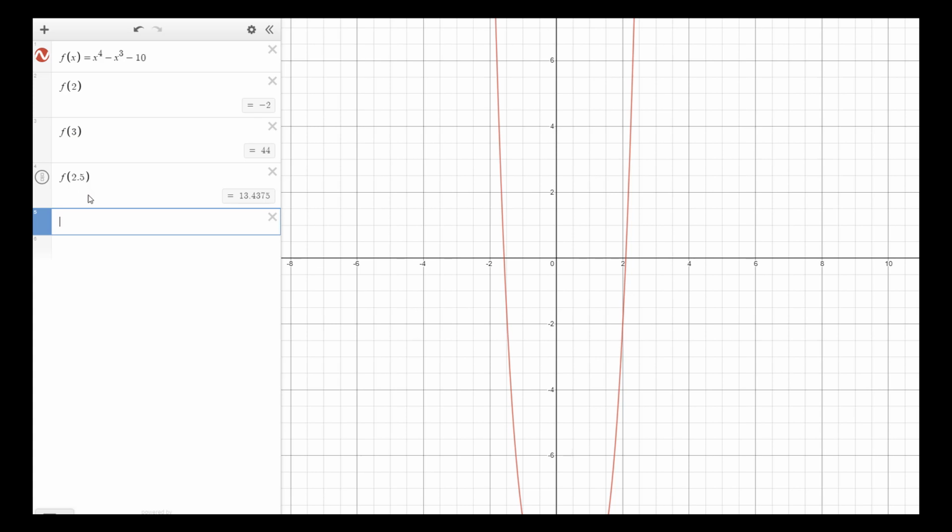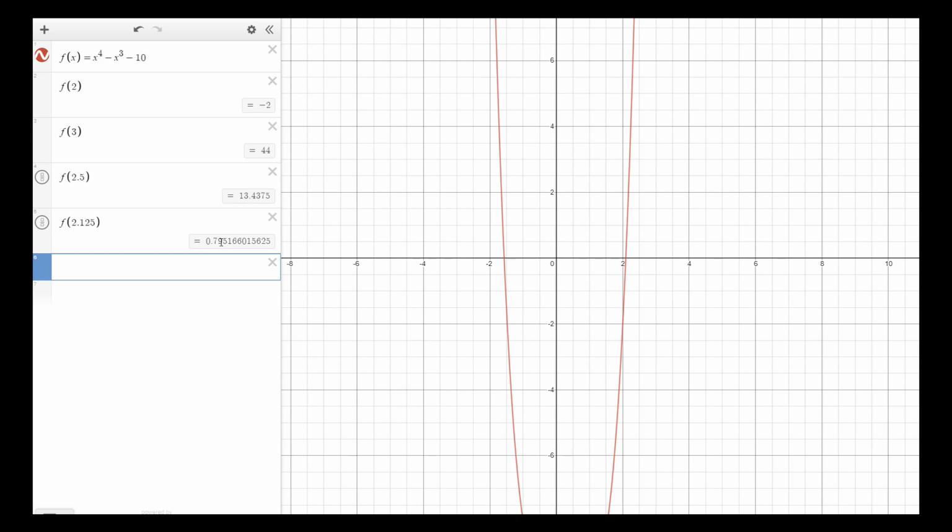So halfway between 2 and 2.5 would be 2.125. And when you calculate that, you do get a positive value back. That's actually getting you closer to 0, by the way, if you notice that. So we are getting closer.